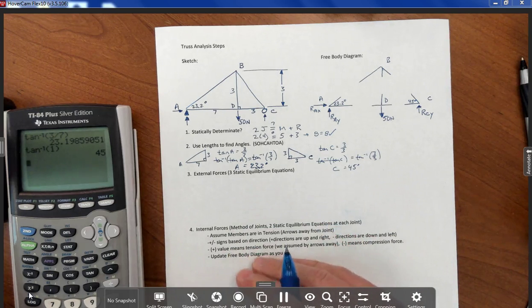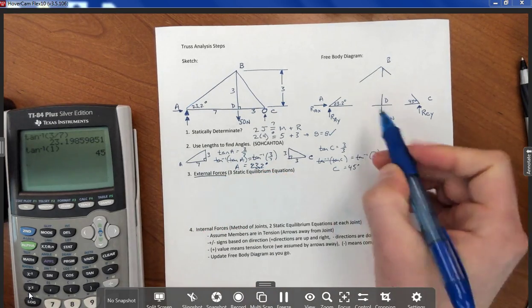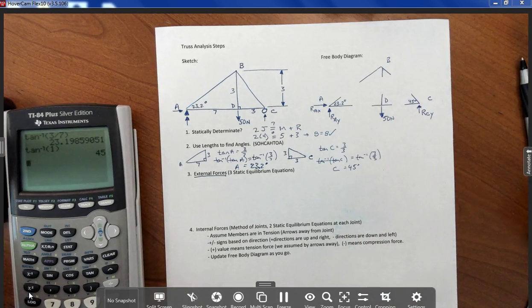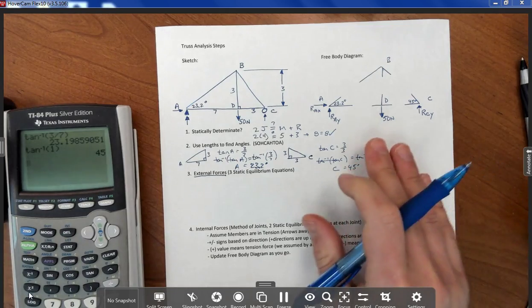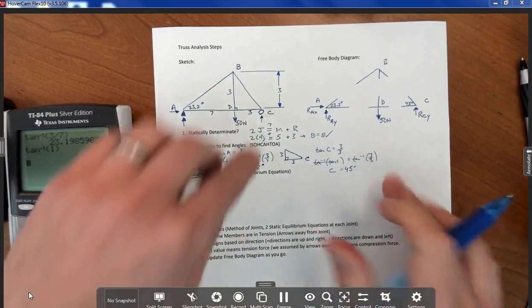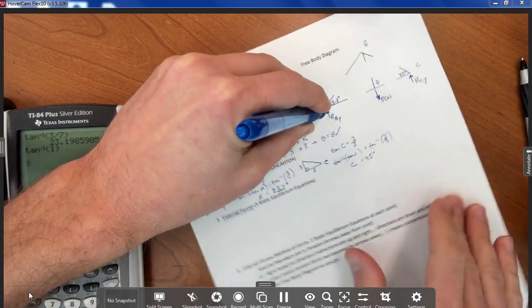Now, before we begin finding the forces of the internal members, we need to look at the external forces. So that's just keeping the whole body as one unit, and making sure that this truss is not moving up and down, it's not moving right and left, and it's also not spinning. The pin support is where maybe it could spin.